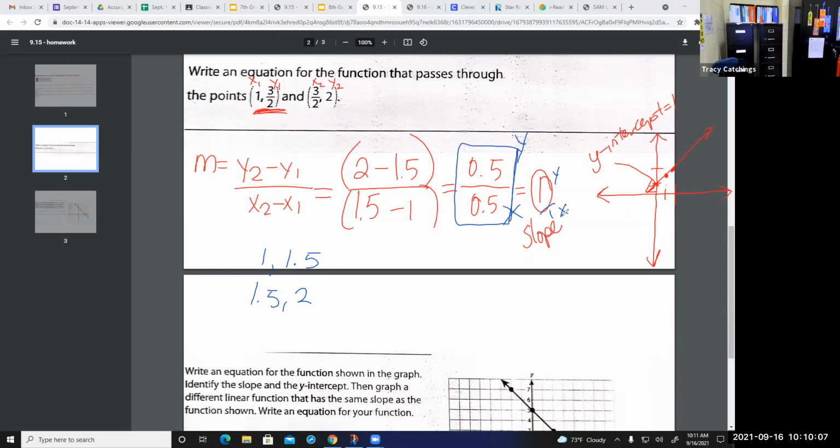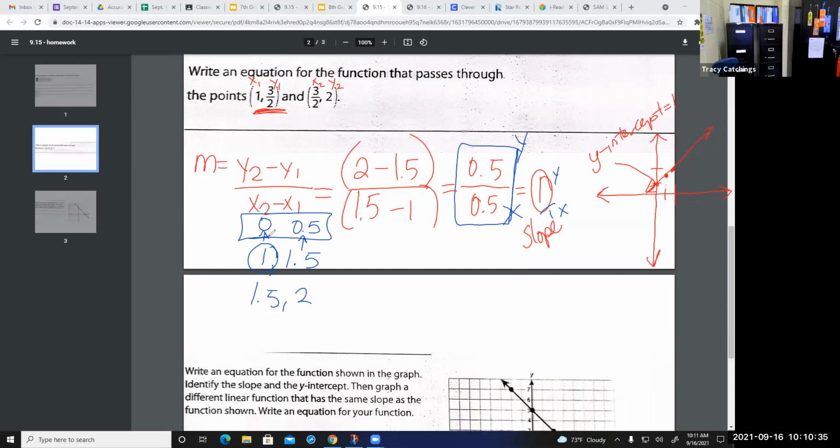If we do the opposite of that, will we be increasing or decreasing? Decreasing. So 1.5 minus 1 will get us what? So the y-intercept is 0.5. She said it was so tight on her graph she couldn't tell, but it is 0.5. And that's the rationale behind it.